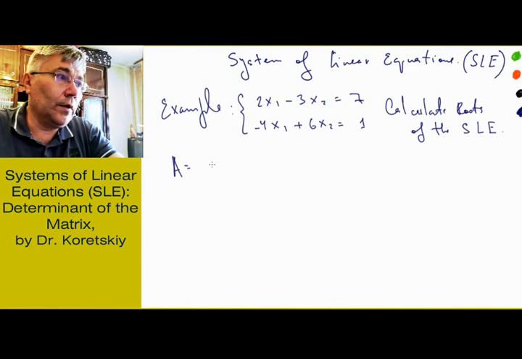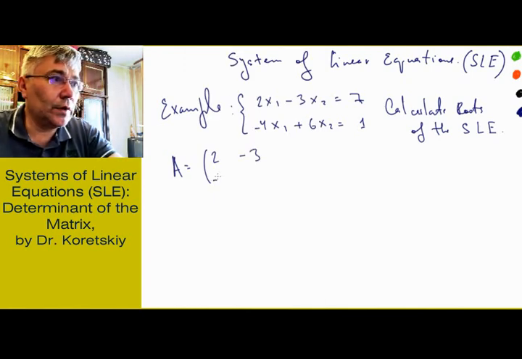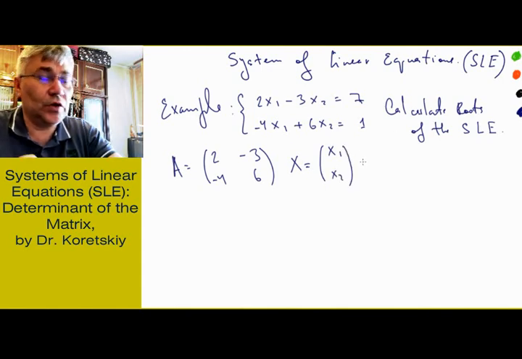So we have A equal 2, minus 3, minus 4, 6. X equal x1, x2. You even shouldn't write down the x matrix because it's clear. And B equal 7, 1.